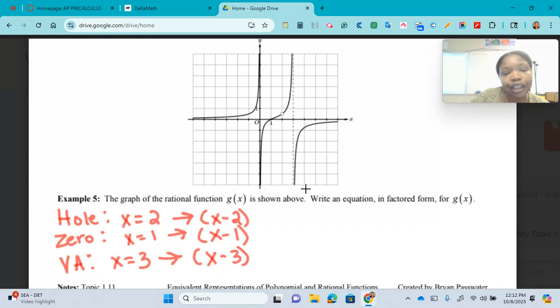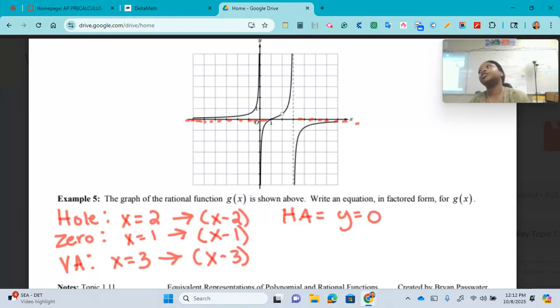We have a horizontal asymptote. This part of the graph gets closer and closer to y equals 0. And this part of the graph gets closer and closer to y equals 0. So we have a horizontal asymptote at y equals 0. So what does that tell us about the degree?